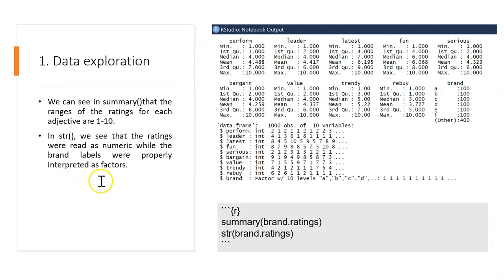Second step is data exploration, wherein you can run the summary function and structure of this data set and see that there are 10 variables. These 9 variables are adjectives, and the last one is brand. So we have captured the rating on a scale of 1 to 10 from each respondent on these brands.